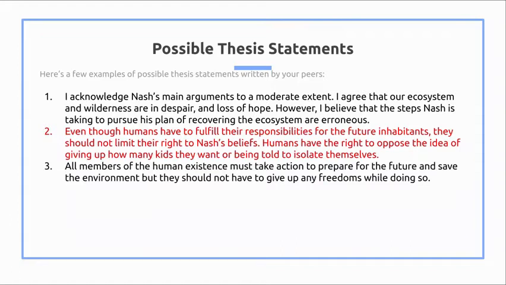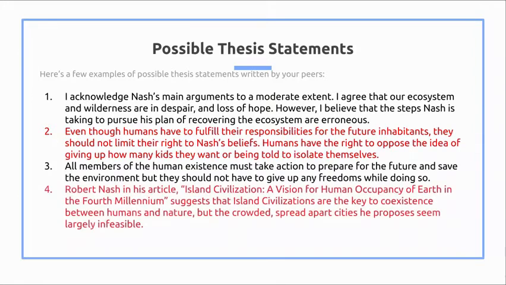It does make a strong claim, but I don't like all members of the human existence. I think that's a little unnecessarily formal. And then not have to give up any freedoms while doing so. That's a very strong claim. You might want to put a qualifier on that. Should not have to give up so much freedom to do so, etc.